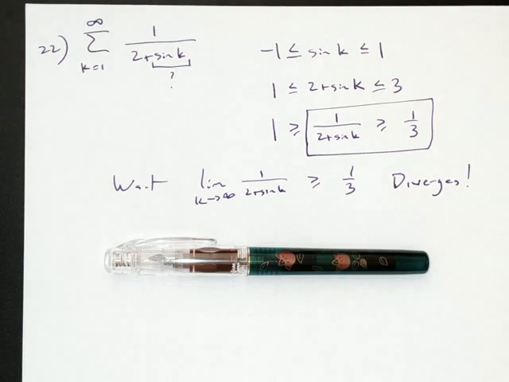More questions? You're still looking at me like you're not happy about that. Right, but the only difference is the cosine squared, right? Start at the very beginning. Negative 1 less than or equal to cosine less than or equal to 1.